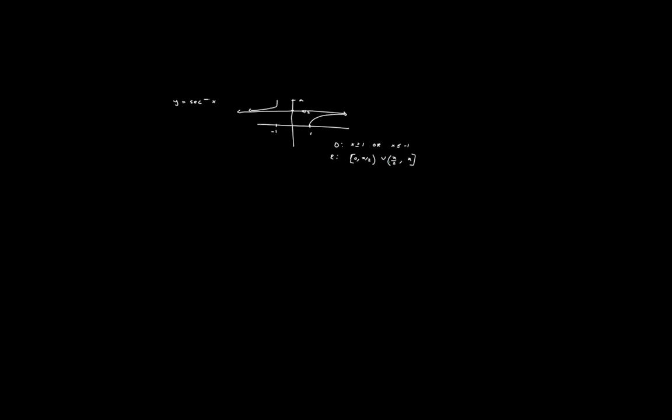And that comes from the fact that if we look at the secant graph itself, it's like a bunch of parabolas with their vertex at 1, and then it goes off into infinity, right?